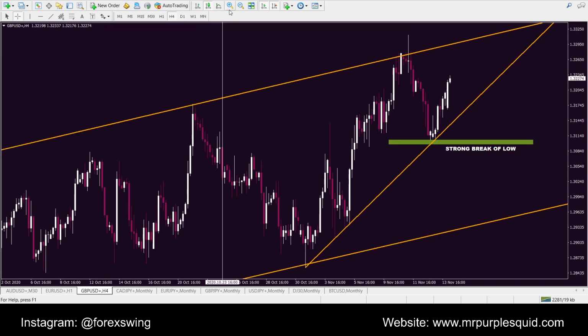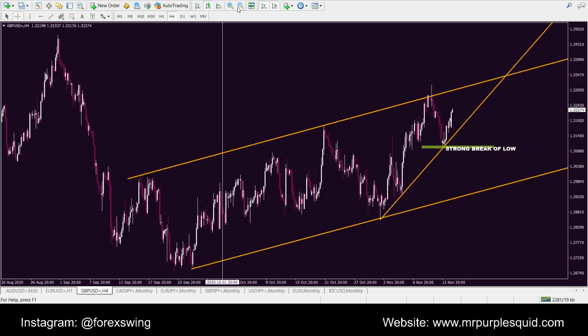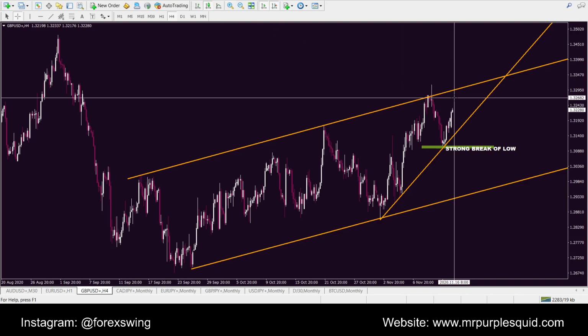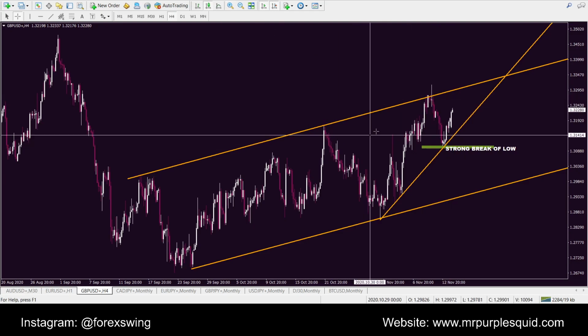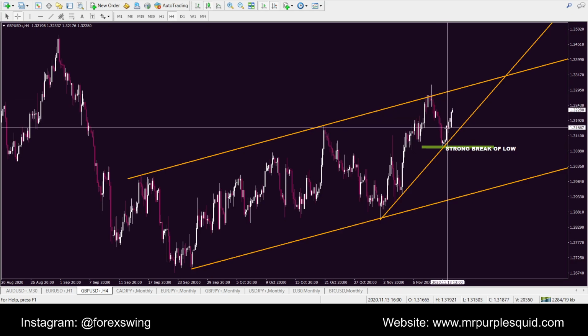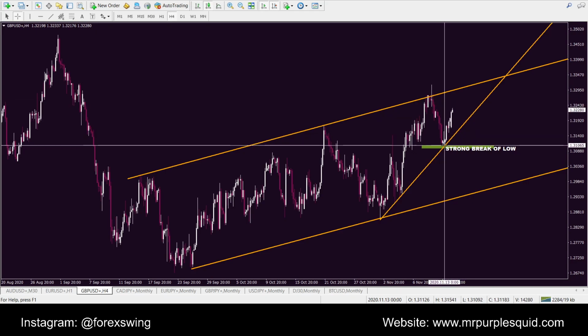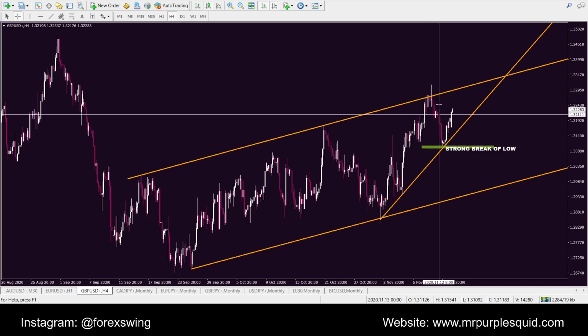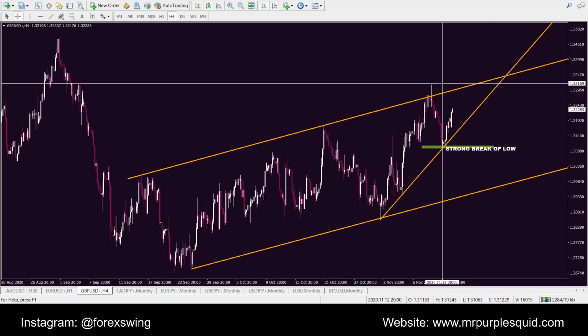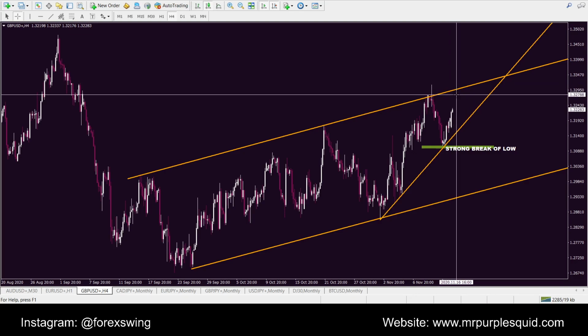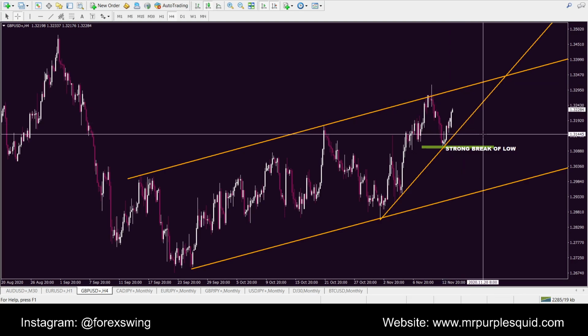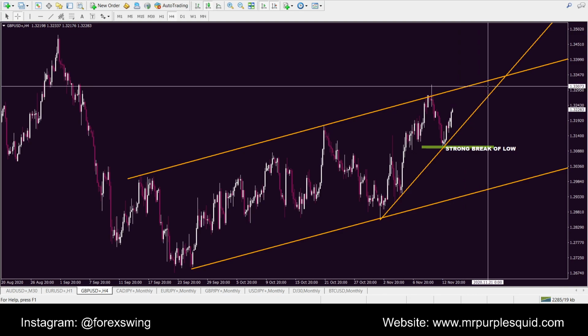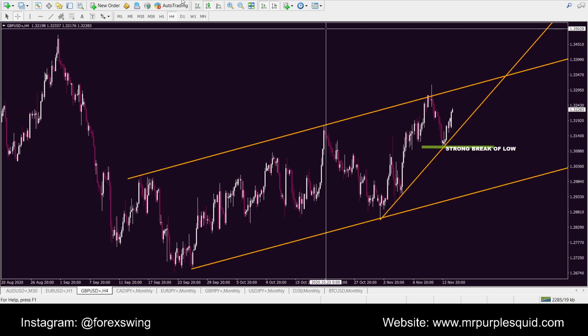Let's look. So H4, there we go. So here's the thing. I trade breakouts of triangle, wedge, but in this case, a channel like this, I wouldn't necessarily take a buy above this here, but I would maybe take another buy if we get a pullback, like something right here, and then like this, because this to me, again, let me show you.